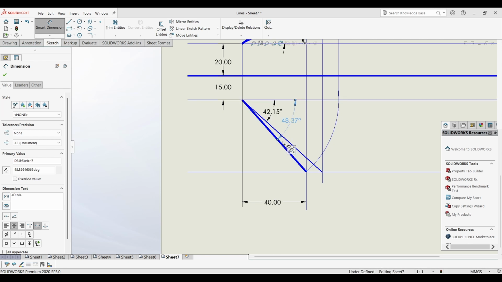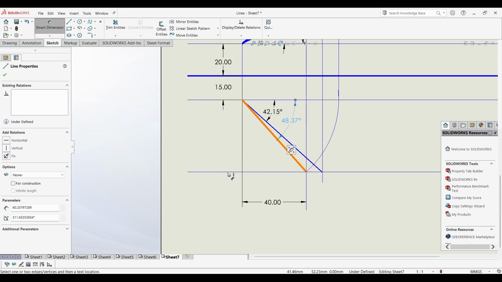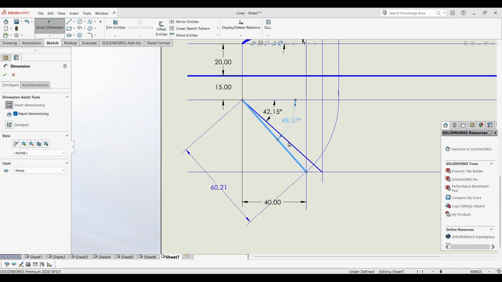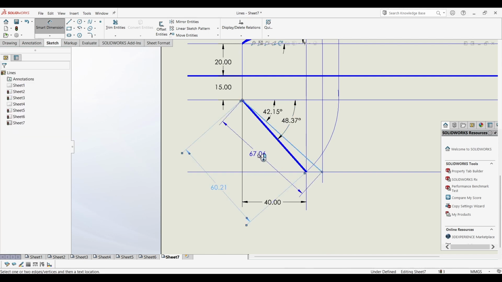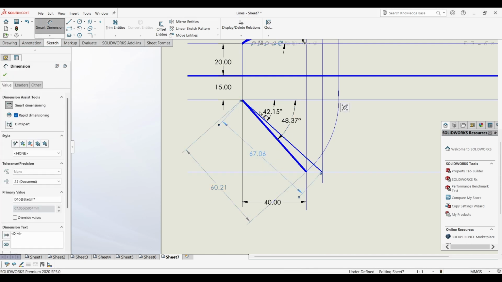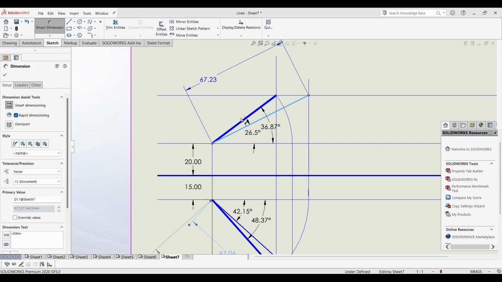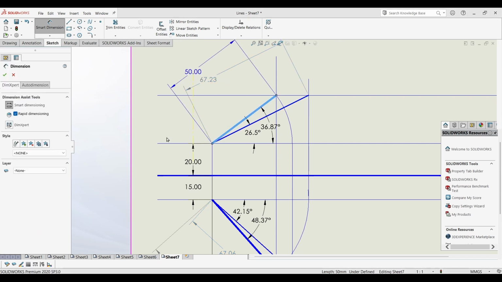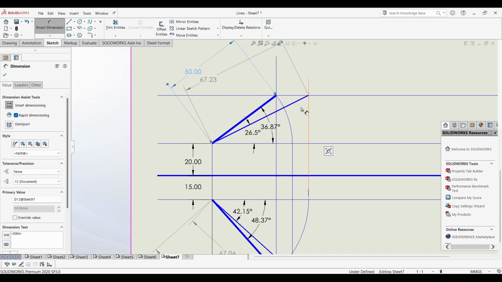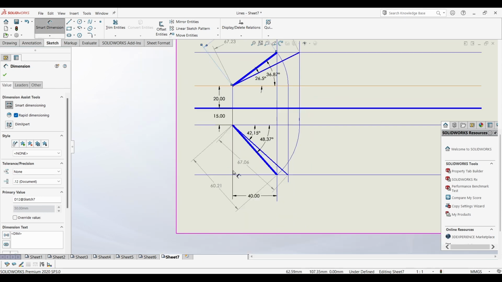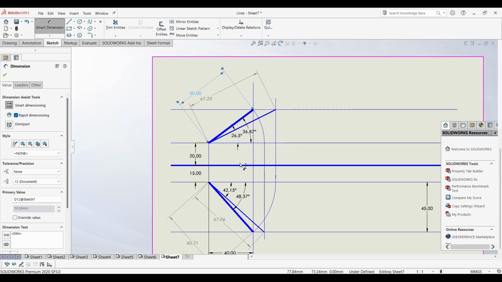Done with this dimensioning, and also this one now. Let's do the same thing up here. So let us start. It is done. Anything else that is left out? I don't think so. So we are done with it. Let me just change the leaders.